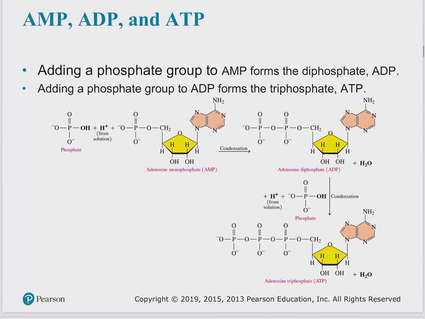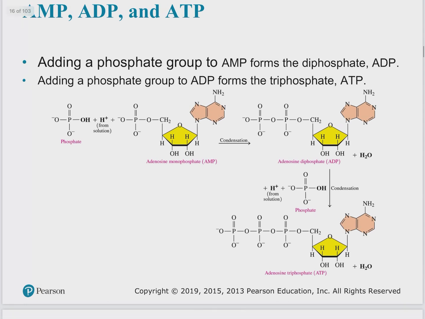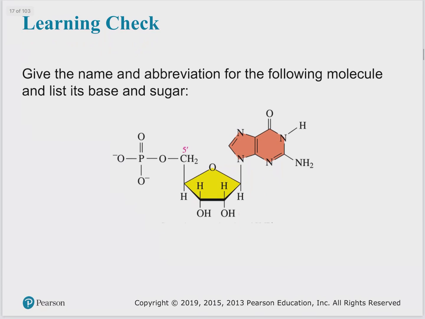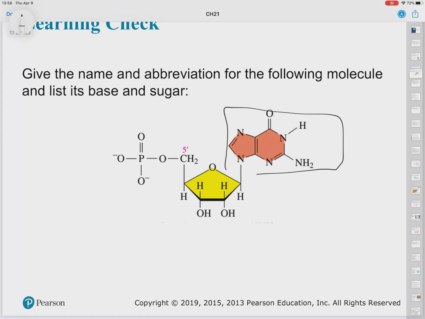I jumped the gun a little bit with my connection to ATP, but here you can see that reaction. So when you add the phosphate group, AMP grows to be ADP, adenosine diphosphate, and then ATP. You don't have to memorize these. Obviously, the testing situation is going to be quite different this semester.